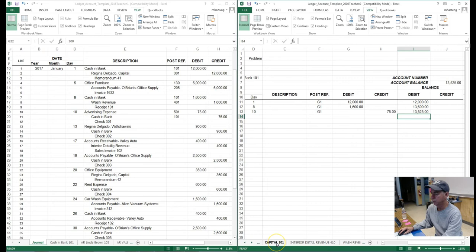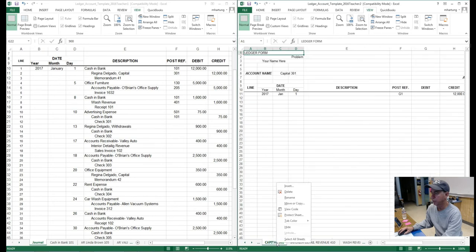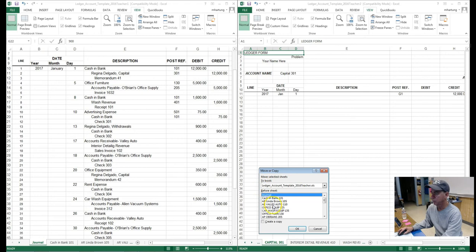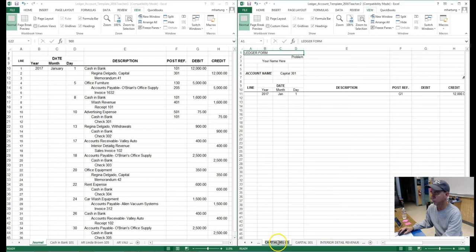And so what I will do is right click that, move or copy, make sure you're selected on the capital account, create a copy, click OK, rename it, and I believe the number in this problem is 305, and then be sure to come up here and rename that also.